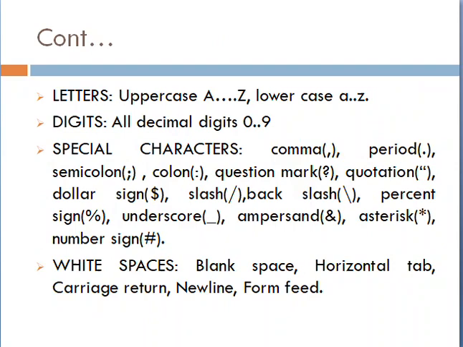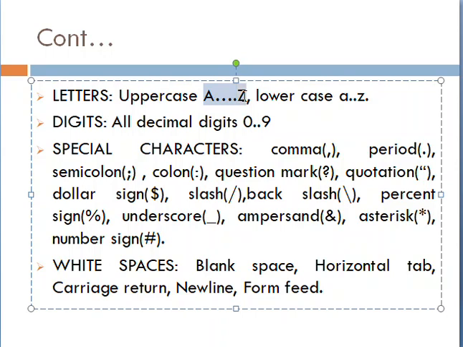As I declared earlier, letters may be uppercase or lowercase. Here I write A to Z in uppercase, because A to Z are capital letters, and lowercase letters are small letters, a to z.